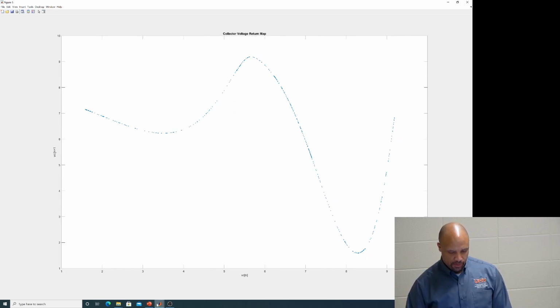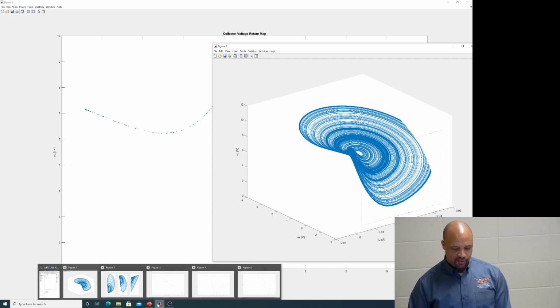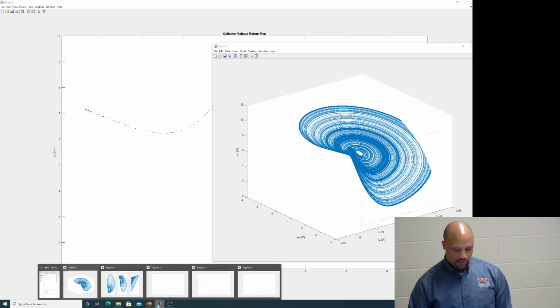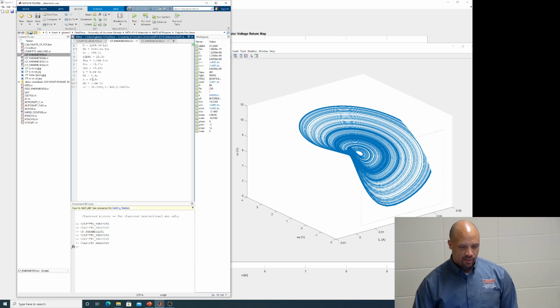And it's similar to what we had before. So a nice, smooth parameter for that might be somewhere in the 90 range. So let's just say that.